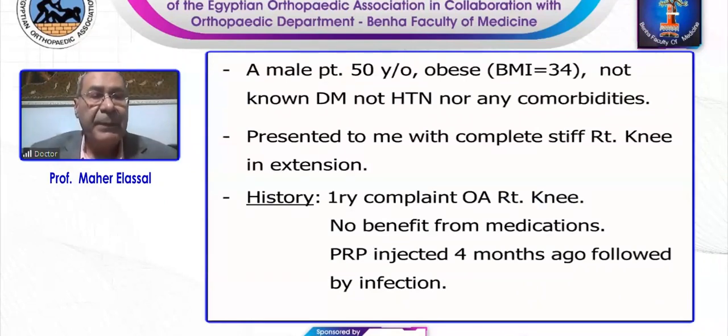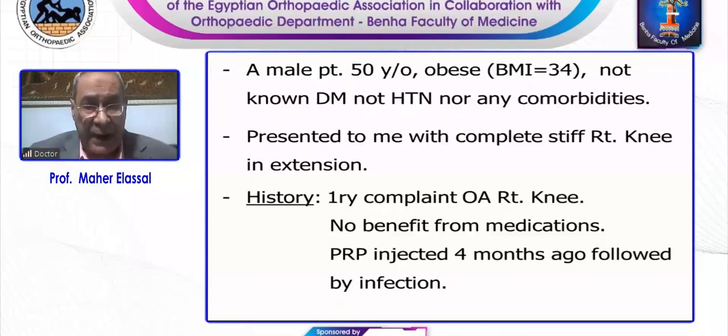A male patient, 50 years old, obese, with BMI equal 34, not known diabetic or hypertensive, nor any comorbidity, presented to me with complete stiff right knee in extension.